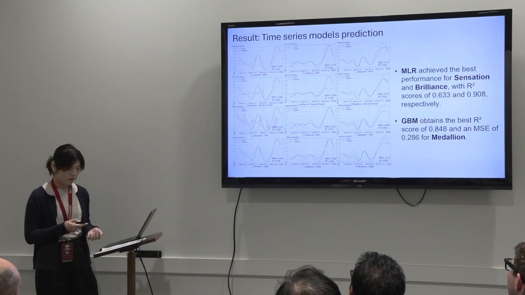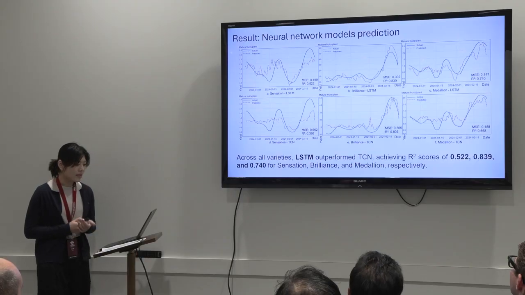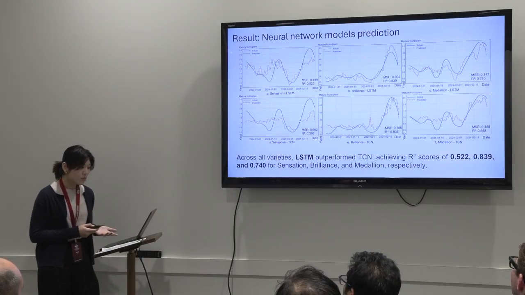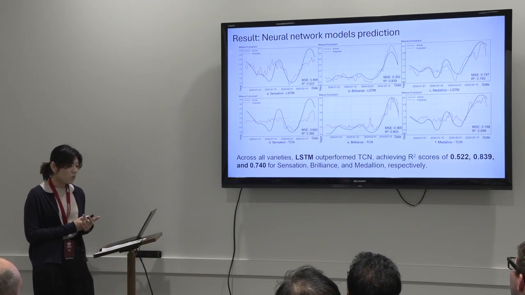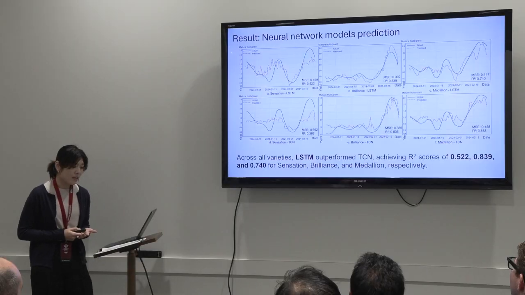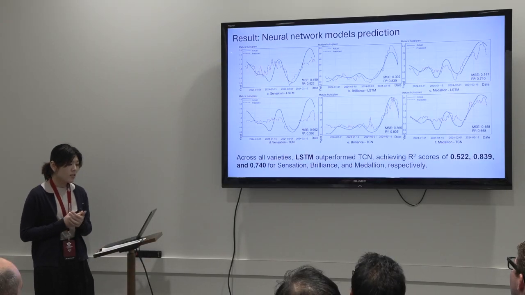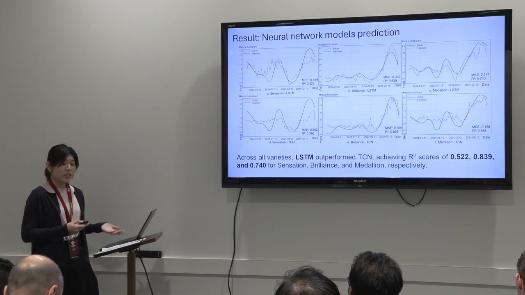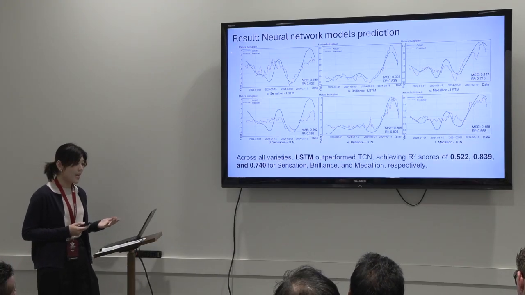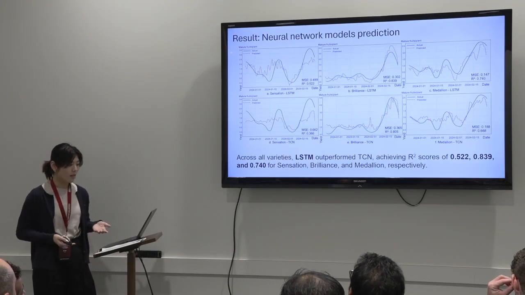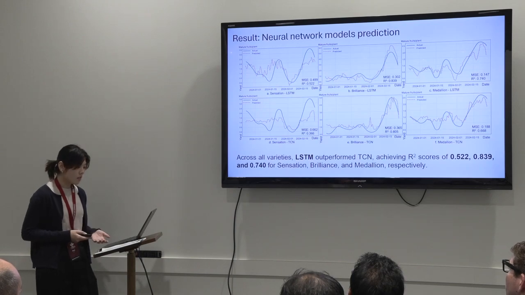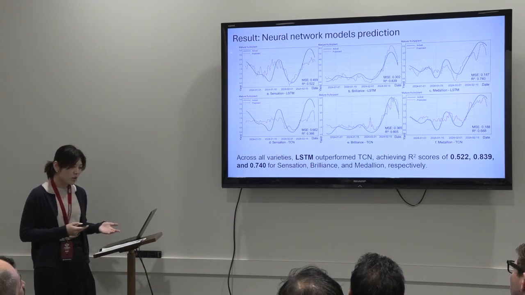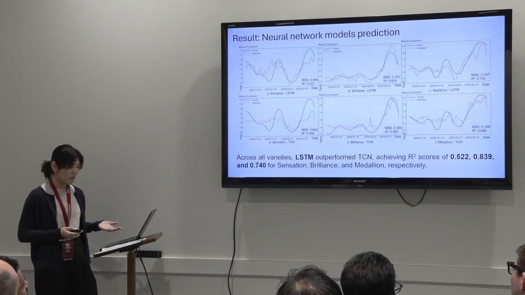which is quite precise. Okay, and also here is our neural network prediction, and we find that LSTM is better than the TCM, but in general the result is not as good as the traditional time series yield prediction. It can be due to a lot of reasons.